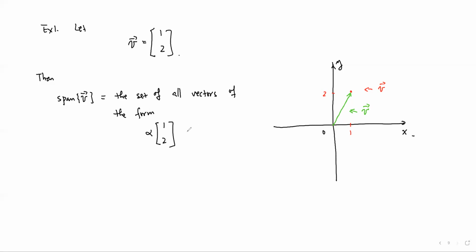A scalar times a vector is the scalar times all the entries. So (alpha, 2 alpha). It is a vector. Because we view a vector as a point, this vector is this point, where alpha is an arbitrary scalar.